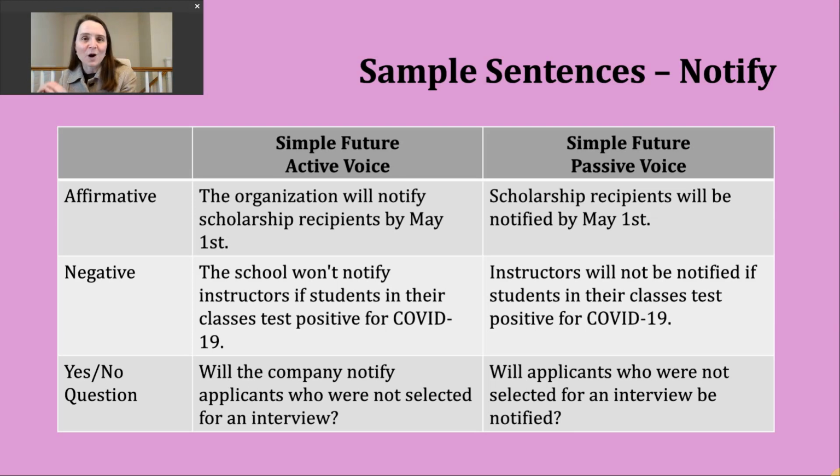And then we have our be and our participle notified. Okay, so last thing to note here, the two affirmative examples I gave you, they really have the same meaning, as do the two negatives and our two yes or no questions. They're just different ways to make those statements or ask those questions.